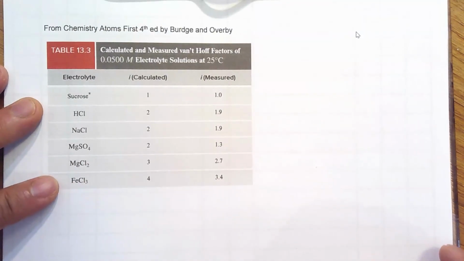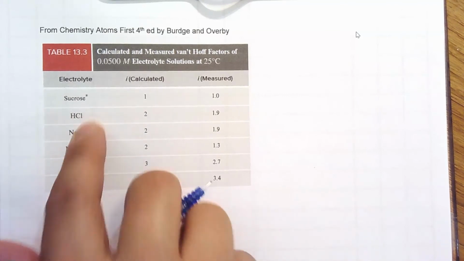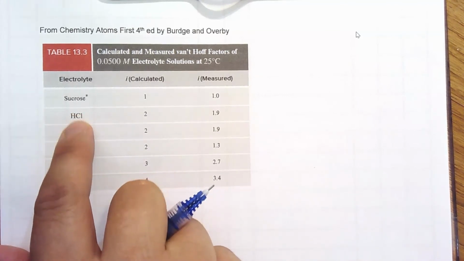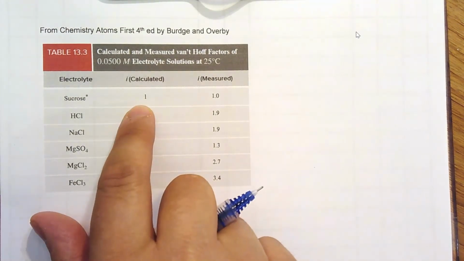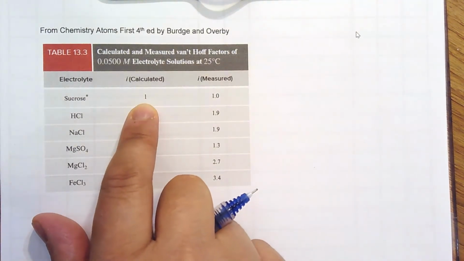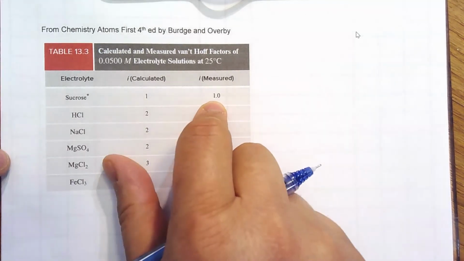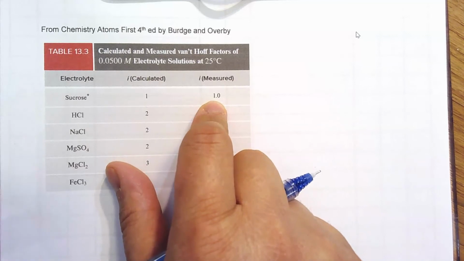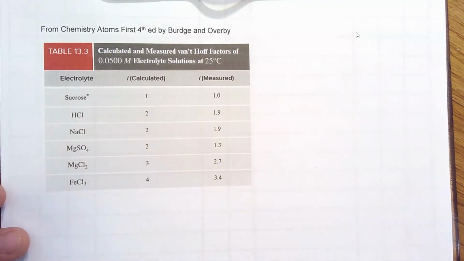This is from the Adam's First Textbook by Burge and Overby. Sucrose. Remember how I said glucose? You treat it as one molecule, one particle. So the calculated is 1, and when they measure it, it is literally 1. So they could back calculate to figure out what is the actual Van Hoff factor.